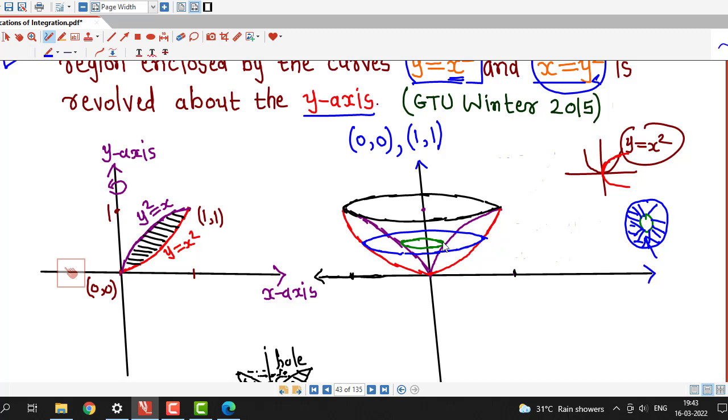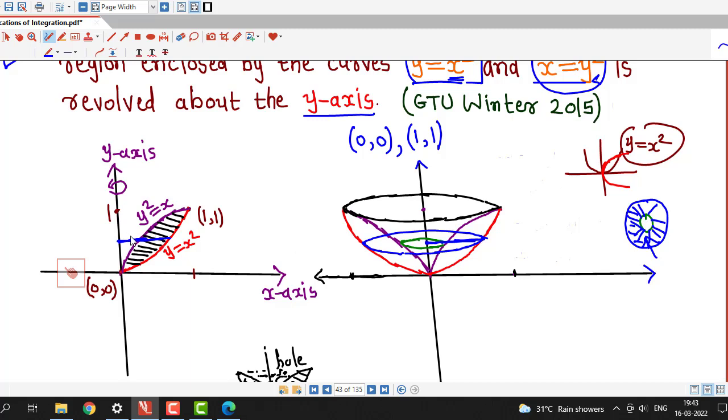So for that we require the radius of both the circles, and the center is at the same point for both the circles. For the outer circle, this distance is the radius, so that we can understand here. If you visualize, this distance is nothing but the distance from the y-axis to this curve, y equal to x square.